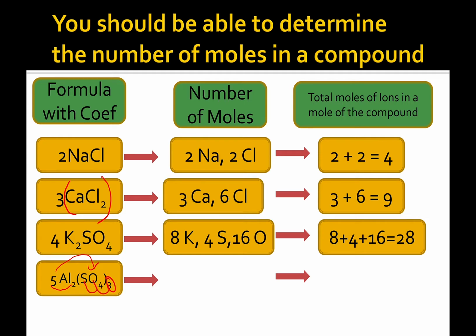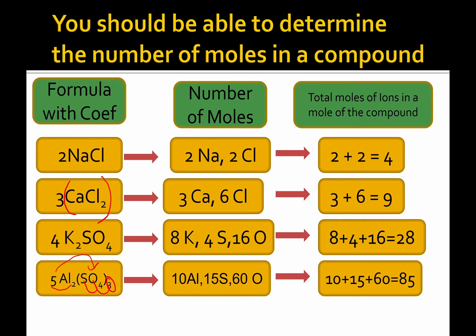So this will give us a total of 10 aluminums, 15 sulfurs after we distribute the 5 and the 3, and a total of 60 oxygens. 3 times 4 is 12, 12 times 5 is 60, for a total of 85 moles of ions in that compound.